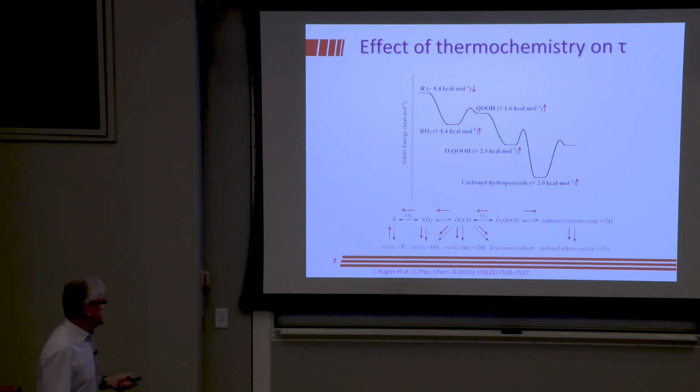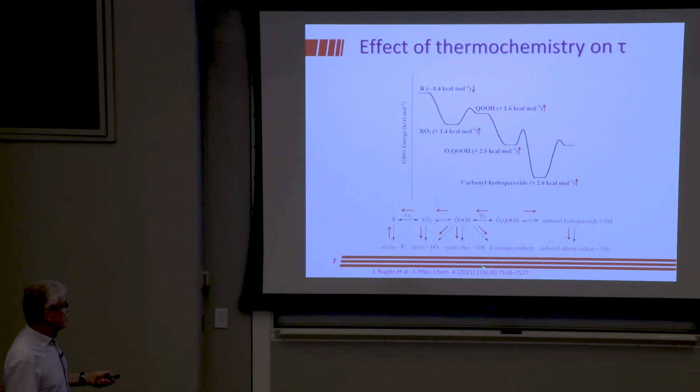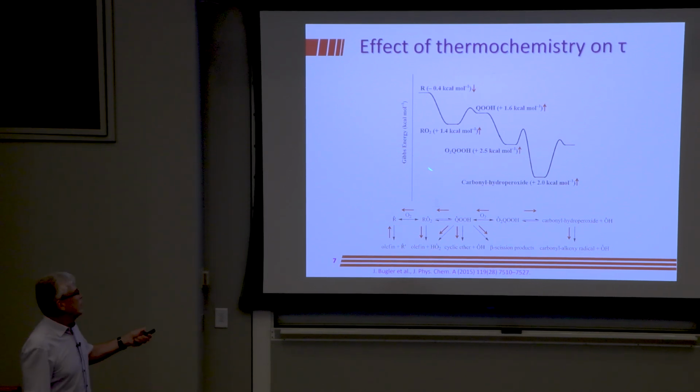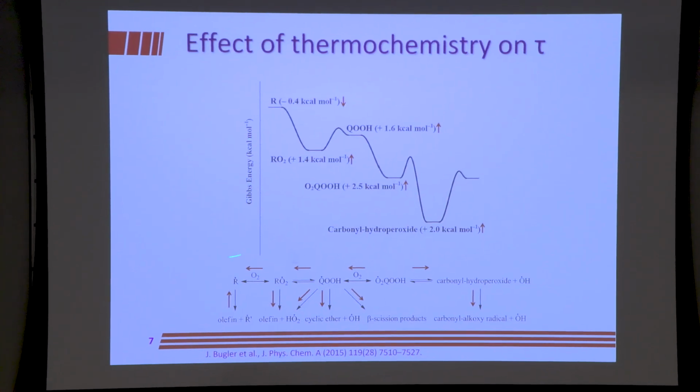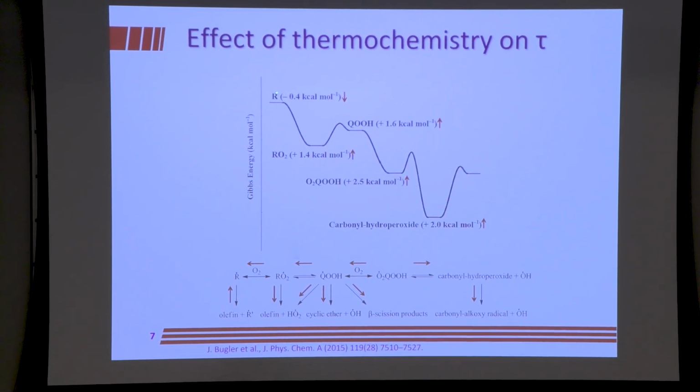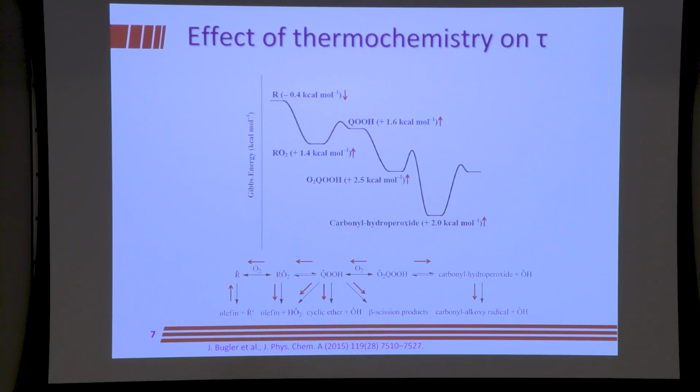Okay, and then this is, as I said, John Bugler in his paper in 2015 revisited the thermochemistry of all the different species involved in a reaction. We'll come to this again. But here we have Gibbs free energy on the y-axis versus the reaction coordinate, or the species involved in the reaction.